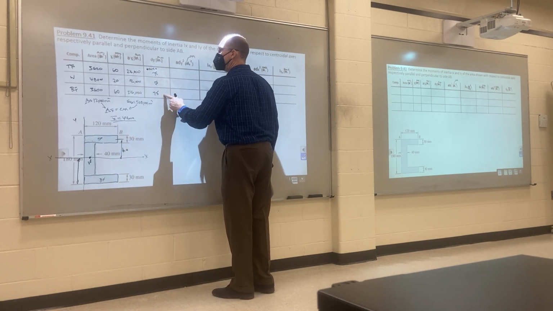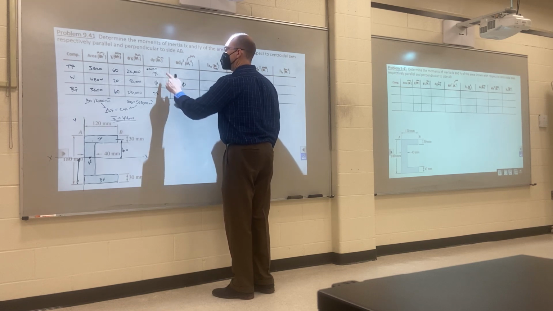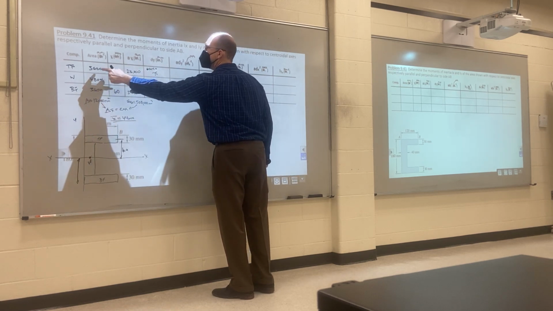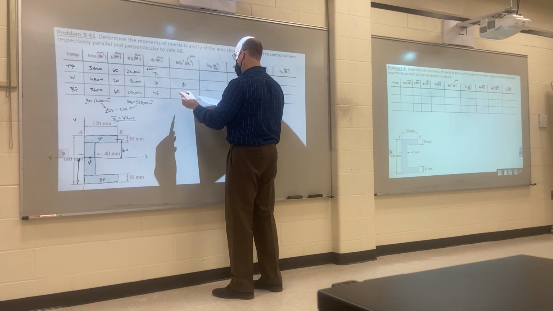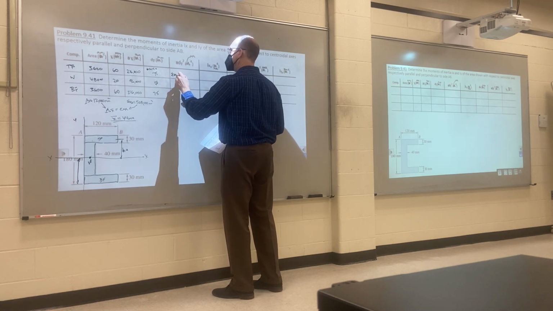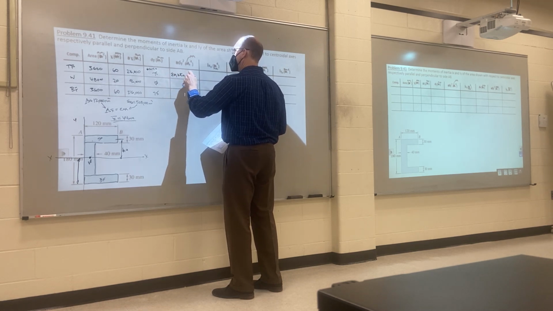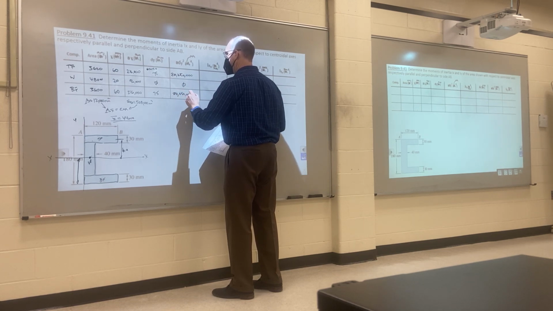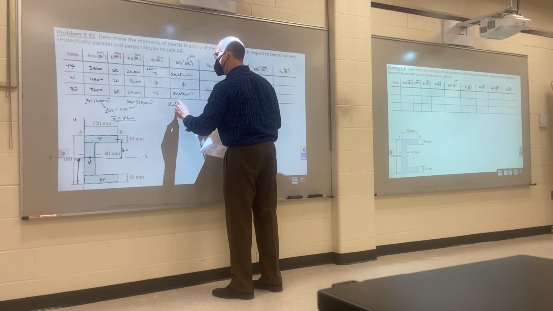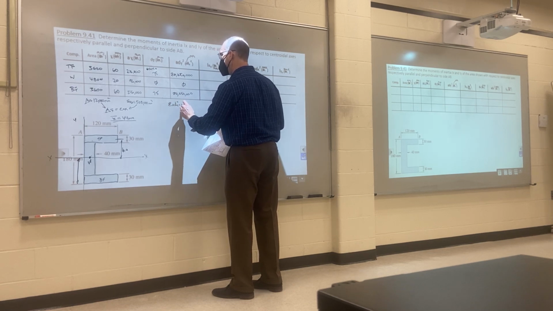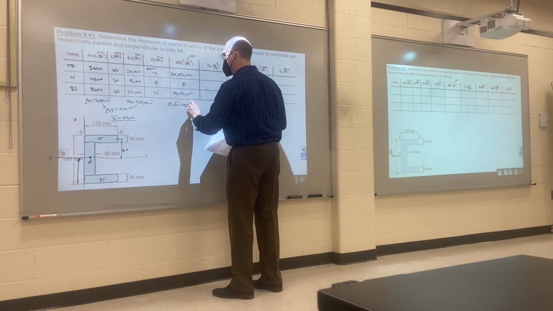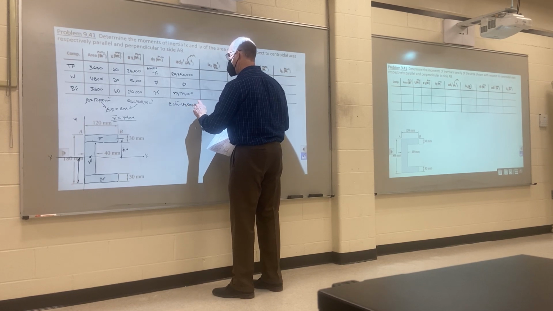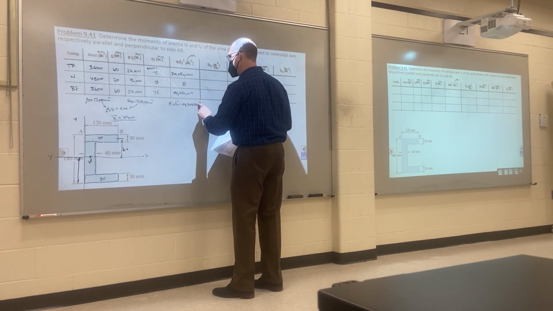Now that I have the d's, well, we know what that is, it's 0. D squared times its area gives a big number, 20,250,000. Since it's symmetric, we know that this is correct too. And then we can sum A dy squared, which is equal to 40,500,000 millimeters to the fourth.